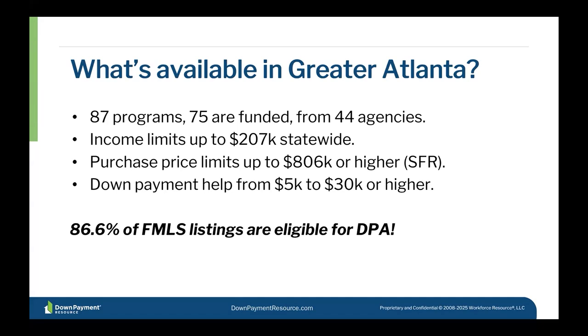So as we talked about before, there are some programs that support multi-unit properties, and in those cases, those limits are going to be increased as well. It is tough to get an average assistance amount as some programs offer a percentage of the sales price as their assistance amount instead of a flat amount.